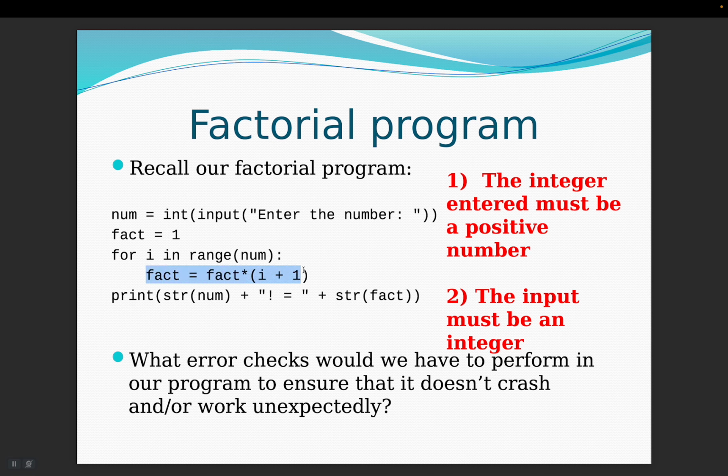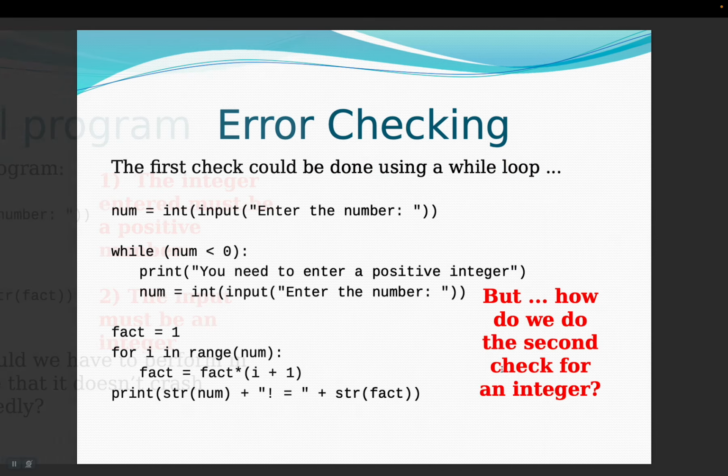This is how we calculate the factorial, and after the loop is done, we print this out. The integer entered must be a positive number, and the input must be an integer. What error checks would we have to perform in our program to ensure that it doesn't crash or work unexpectedly?